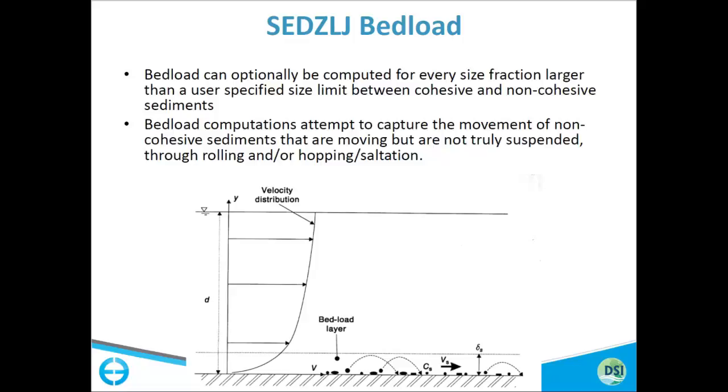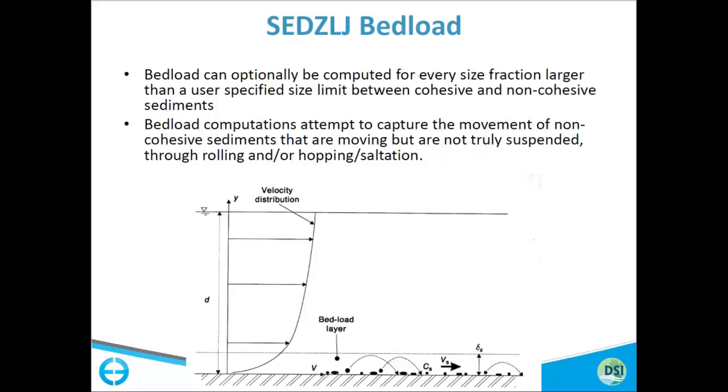So this is a little schematic. I forgot where I got this, but there are a lot of them out there on the web. It's capturing this process of hopping. You don't see the rolling. That nice little video showed the rolling, but that's part of the processes that affect migration of material in the bed, along with this hopping, or another term is the saltation process, where the particles are suspended off the bed, but then they just hop down because there's not enough energy in the system to keep them in suspension.